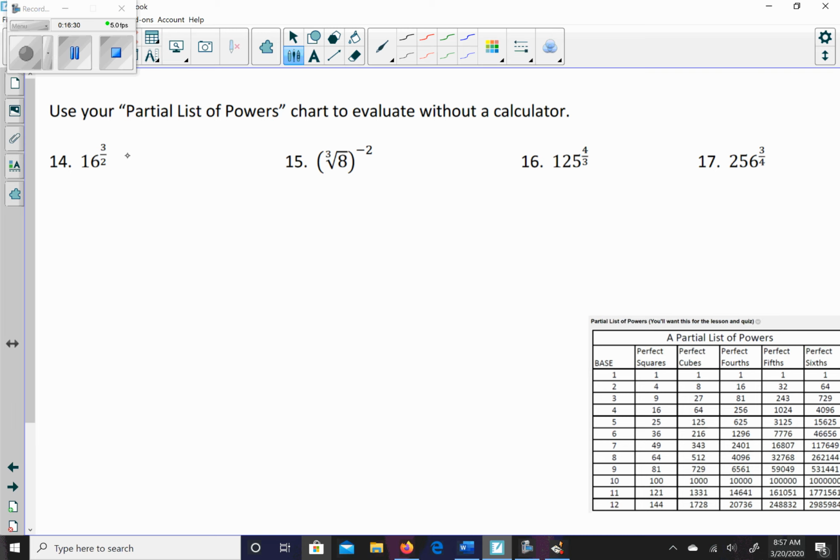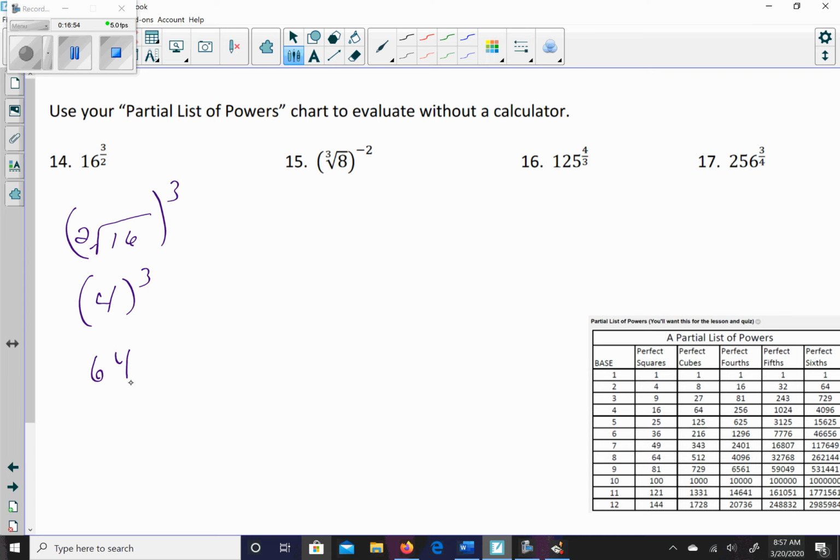There's two ways I can do this. One is I can think of it as the square root of 16 raised to the 3rd power. Well, the square root of 16 is 4. 4 raised to the 3rd power is going to be 64. That's one way I can do it. That's easy, so let's just stick with that.